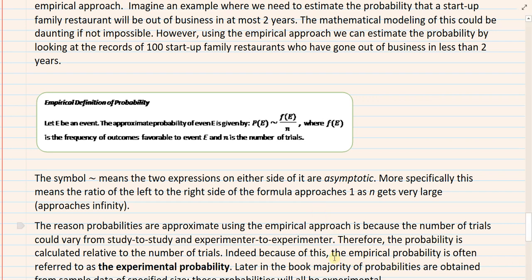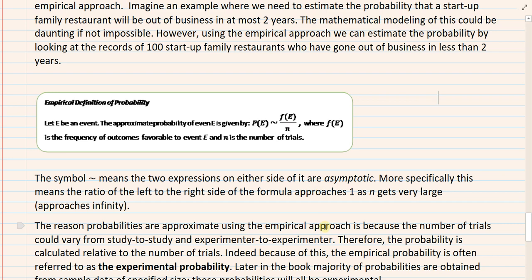And the fact that it approaches the ratio in the formula, let me see, I have a more specific statement. This means the ratio of the left side to the right side approaches 1. I'm talking about the ratio of the left side, probability of E, to the right side. That ratio approaches 1 as N gets large.